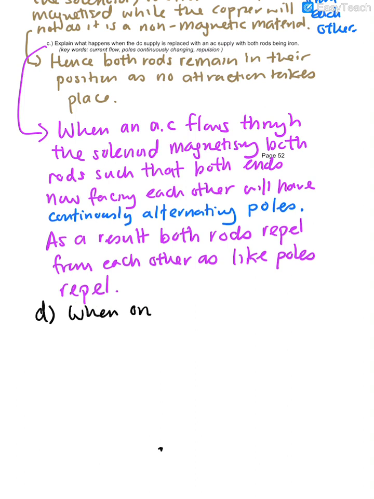What happens when one rod is steel and the other rod is iron? What will happen? Can you say when the circuit is closed?